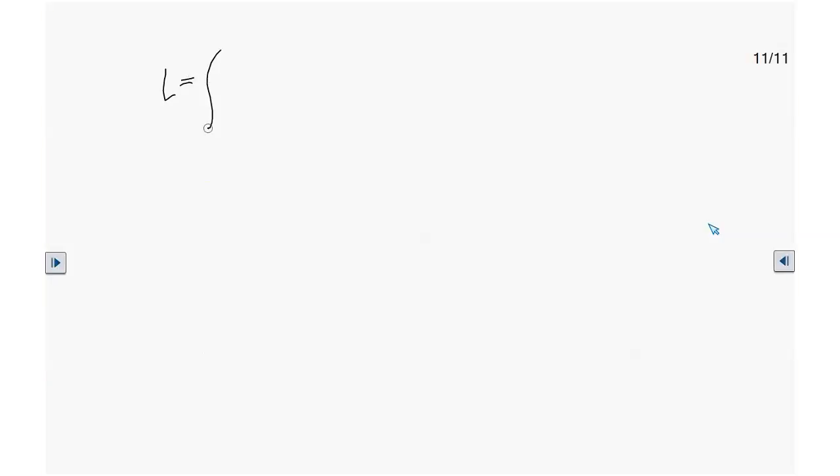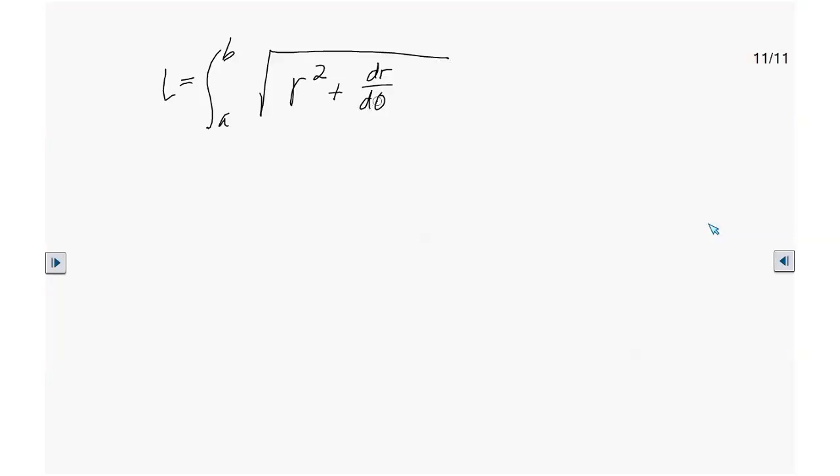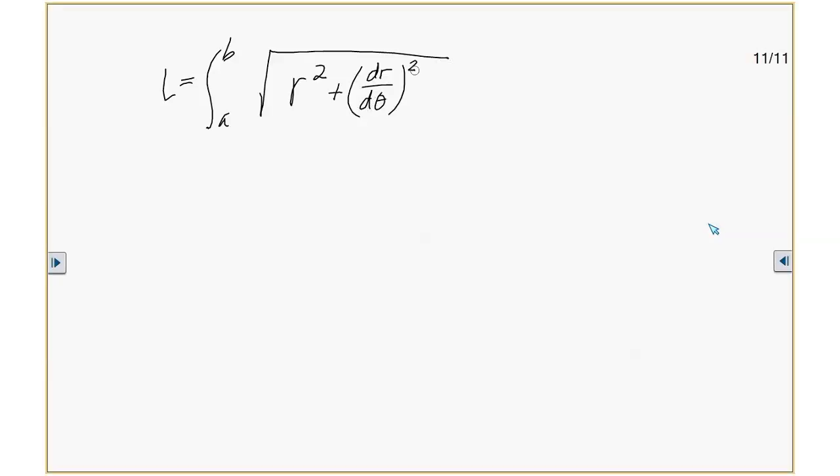Length of the curve is equal to the integral from A to B of the square root of r squared plus dr d theta quantity squared, d theta. Now that can also be written as r squared plus r prime squared.